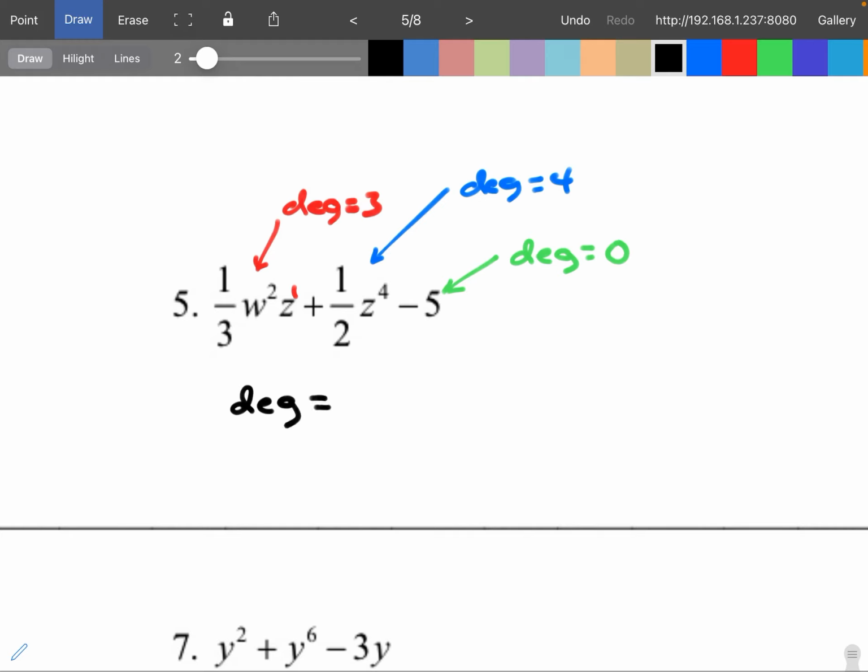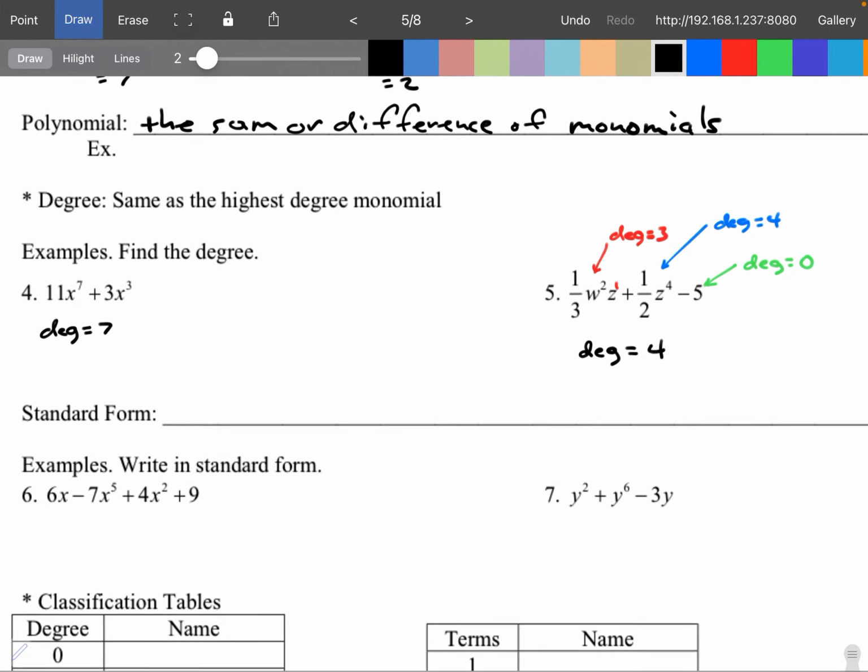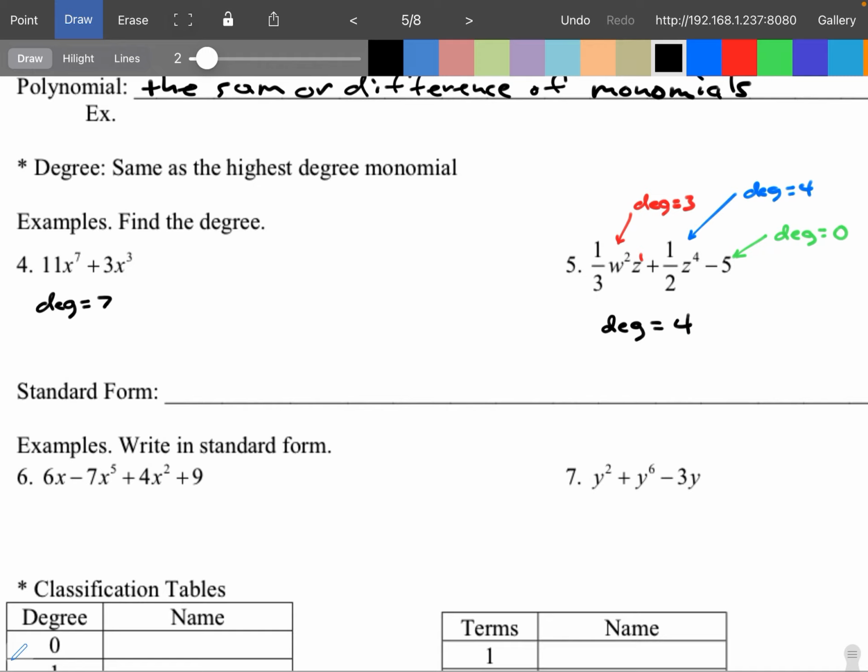The degree of the polynomial is the degree of the highest power term, which is really the monomial with the highest degree. So it's degree 4. All right? We're through most of it. Again, it's mainly vocabulary and some definitions.